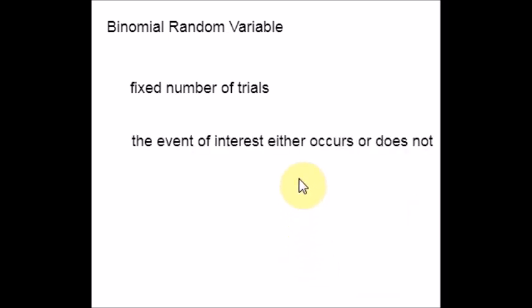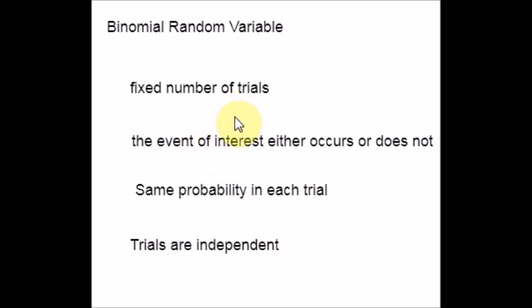The third important condition: the probability of occurrence or not is the same on each trial. The fourth condition: the trials are independent of one another.